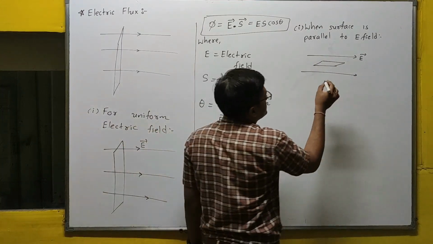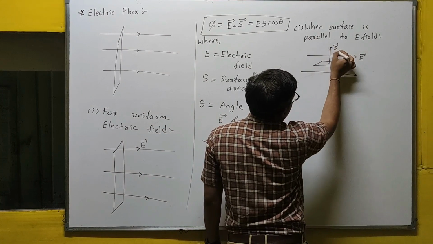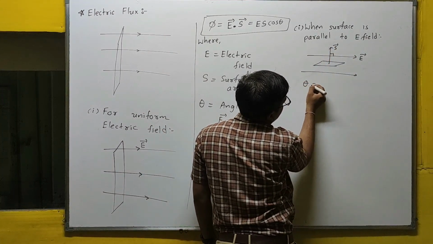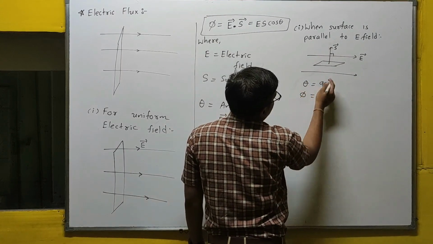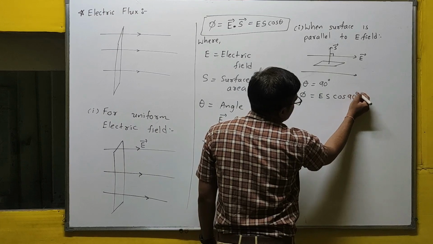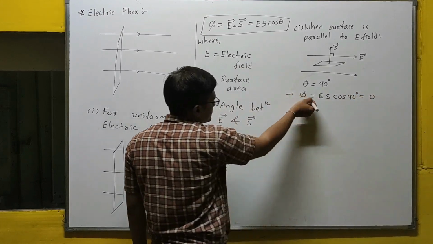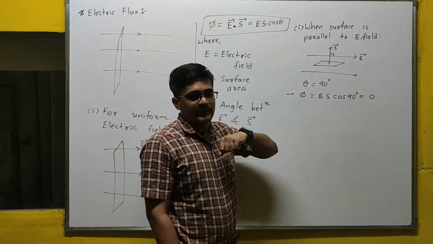So the surface area is in this direction. So the angle between E and S is equal to what? 90 degrees in this condition. So flux associated with this plane is equal to ES cos 90. And cos 90 is equal to what? 0. So no flux is associated with this plane because this plane is parallel to the electric field.